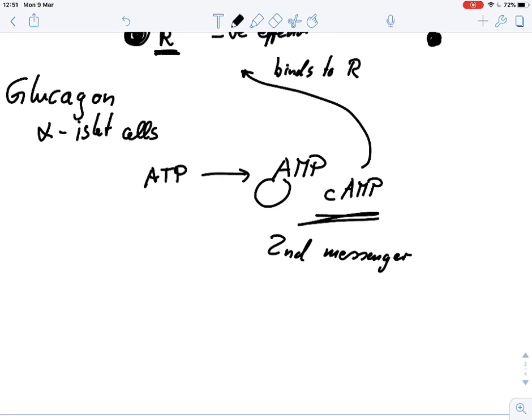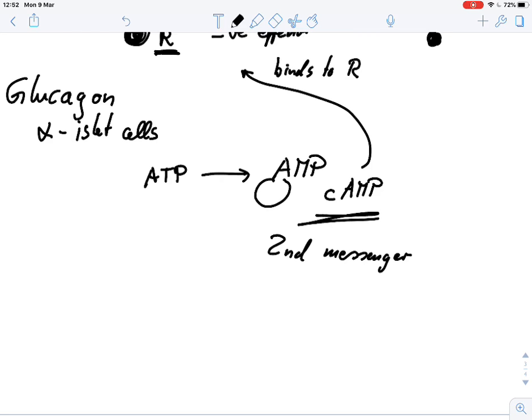Second messenger, the first messenger is the glucagon, that is the signal. Actually, please release some glucose into the bloodstream. Don't use it for energy, because my brain cells, as you can tell, are getting a little bit slower. They need the glucose. Give me some glucose, right? Otherwise, I'm in trouble.